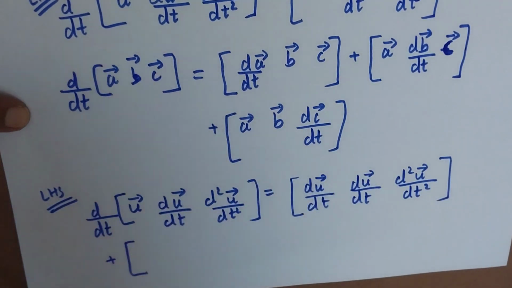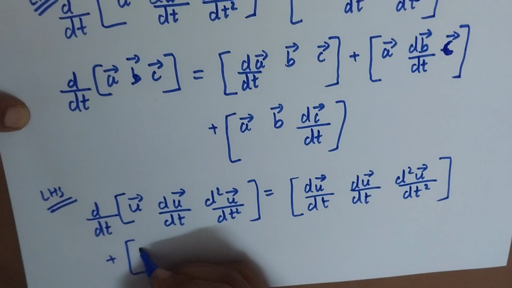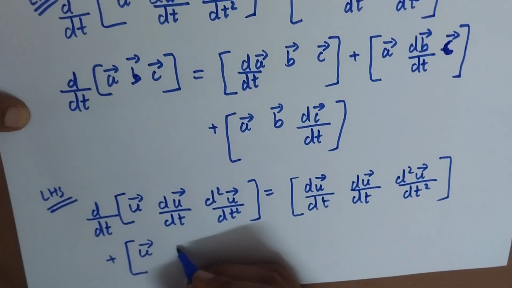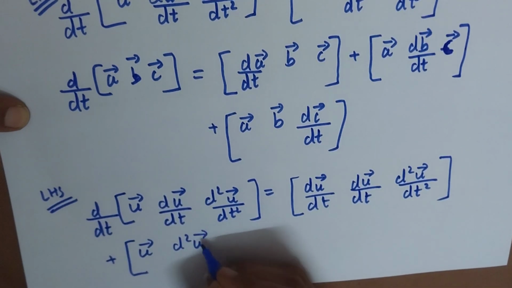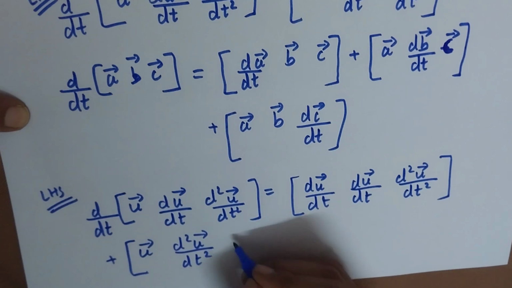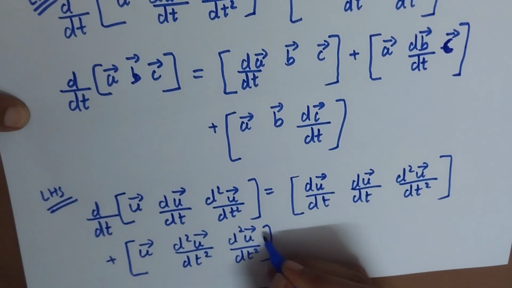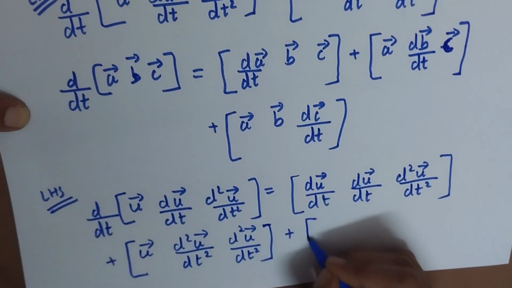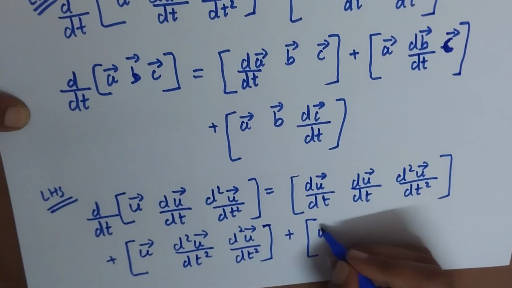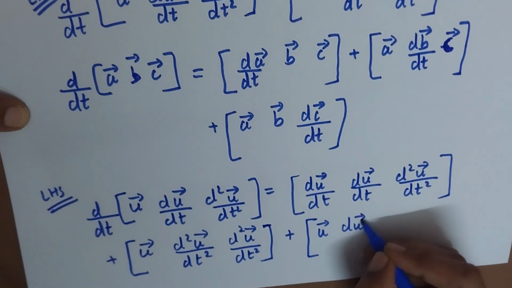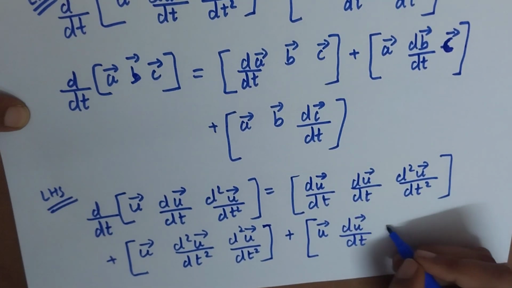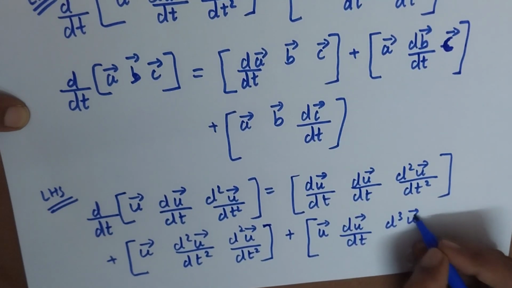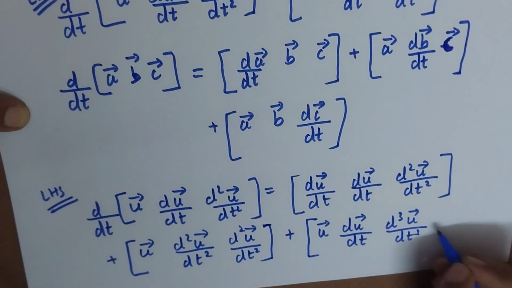the box product [u, d²u/dt², d²u/dt²]. Keep this d²u/dt² as such, plus the box product [u, du/dt, d³u/dt³].